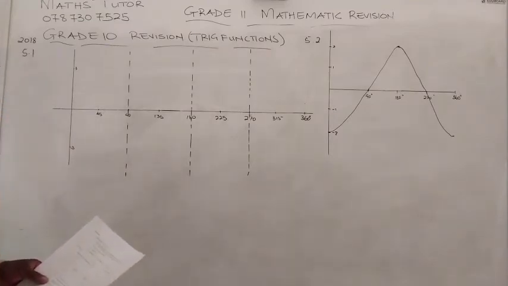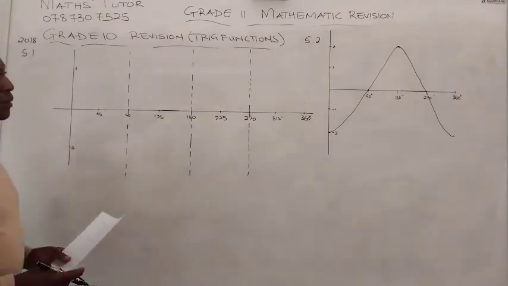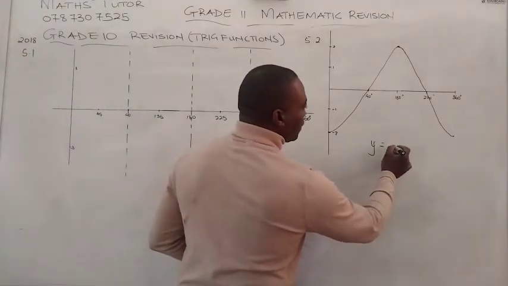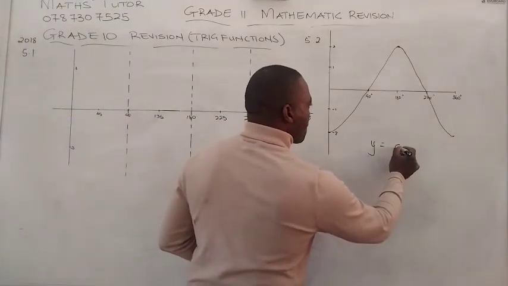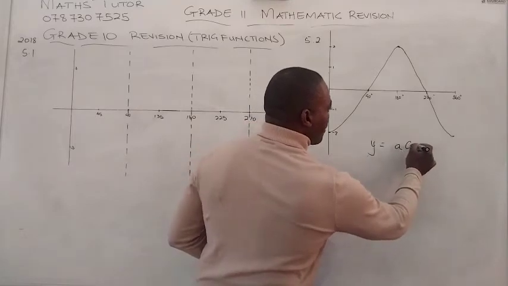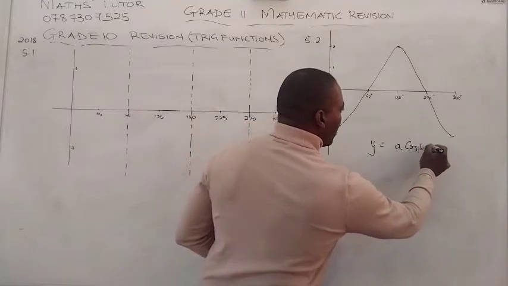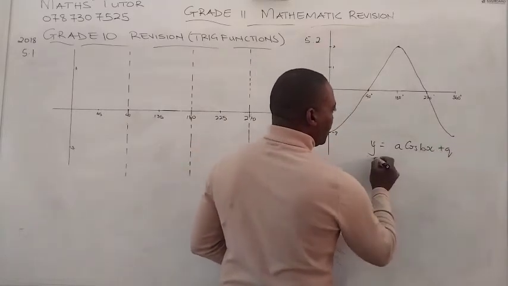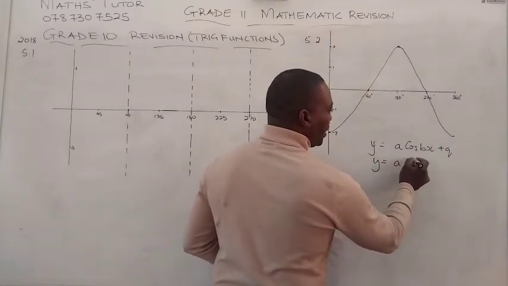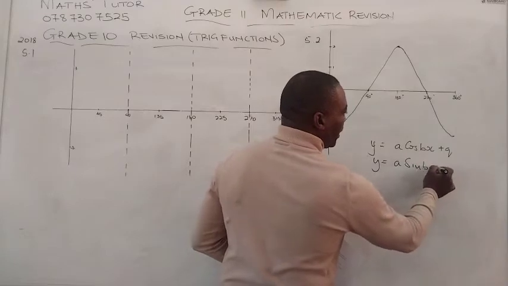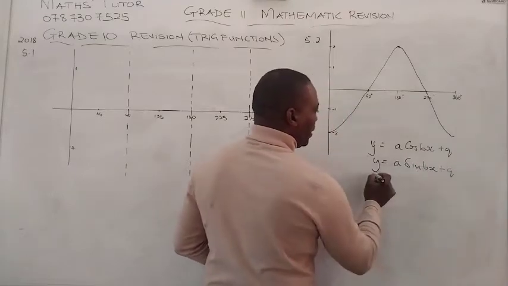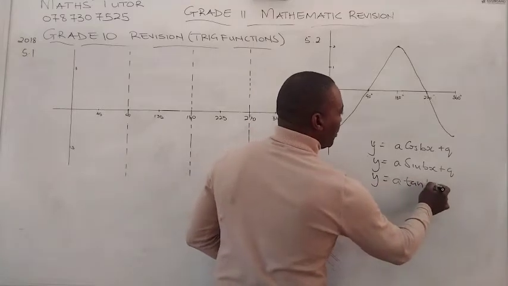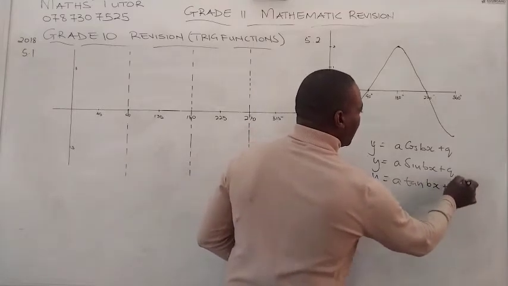Now, remember in grade 10, you did the graphs for y is equal to a cos bx plus q, y is equal to a sin bx plus q, and y is equal to a tan bx plus q.